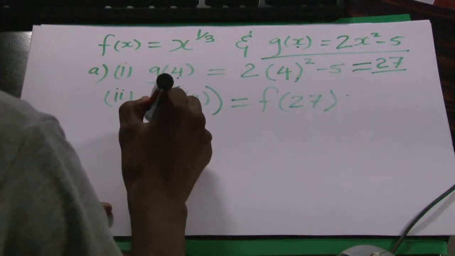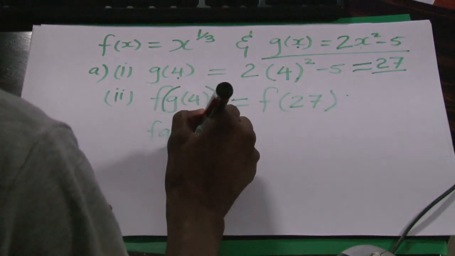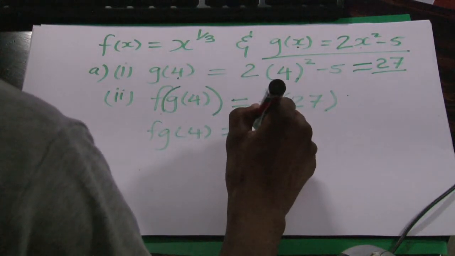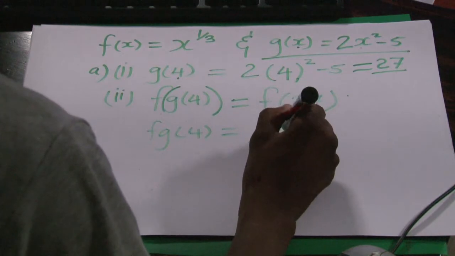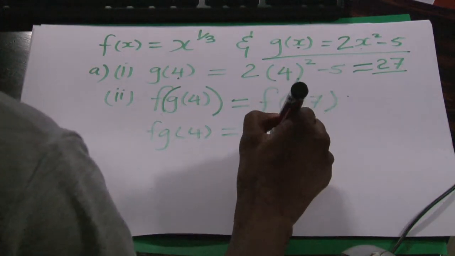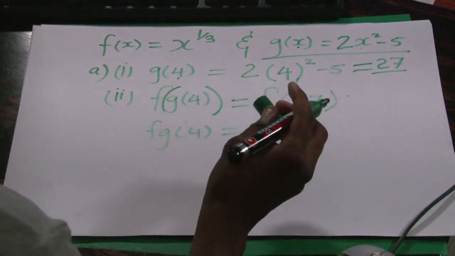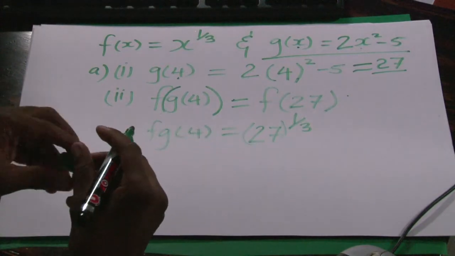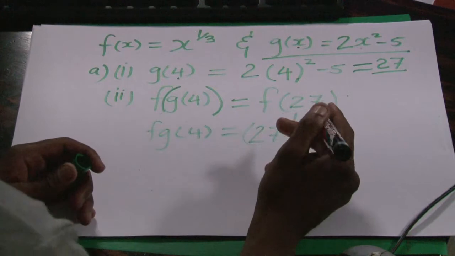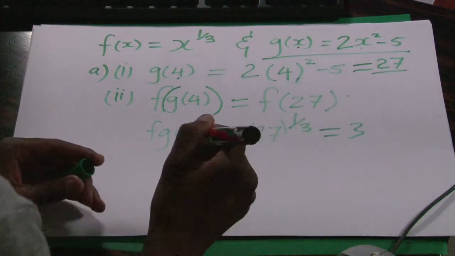So then, therefore, f of g of 4 is equal to 27 to the power of 1 over 3. So that is what we have there. You can decide to use a calculator or just solve it. We know that 27 is 3 to the power of 3, so the 3 will cancel with the other 3 and then we just get a 3.